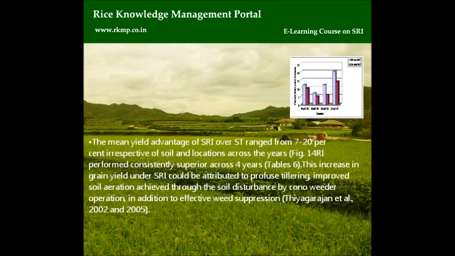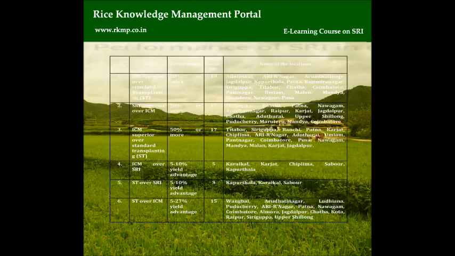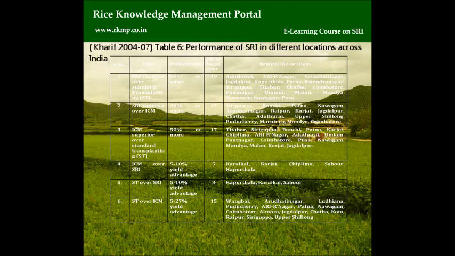This increase in grain yield under SRI could be attributed to profuse tillering, improved soil aeration achieved through the soil disturbance by cono-weeder operation, in addition to effective weed suppression. Thyagarajan et al., 2002 and 2005. Table 6. Performance of SRI in different locations across India.